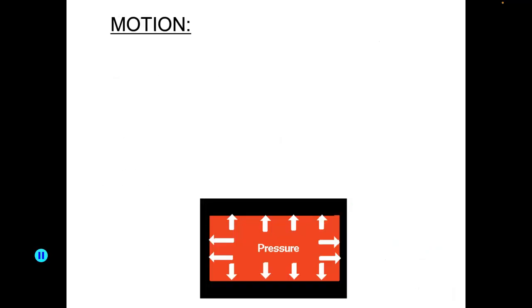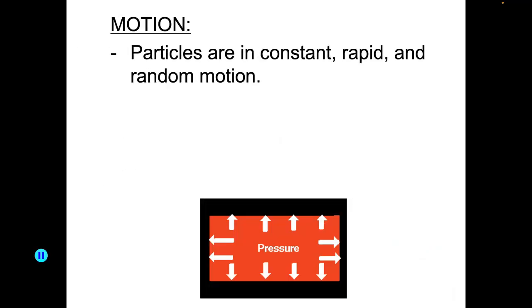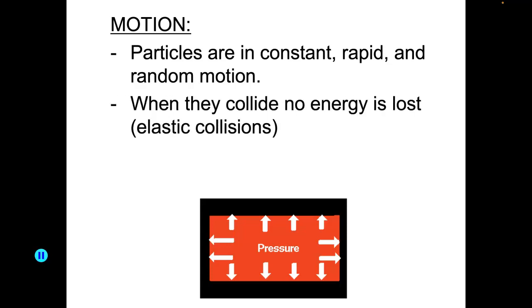Okay, then we're going to get into their motion. Particles are in constant, rapid, and random motion in whatever container we put them in. And when they collide, no energy is lost. We call that elastic collisions. You don't need to really know that. We'll talk more about elastic collisions if you go on and take physics.